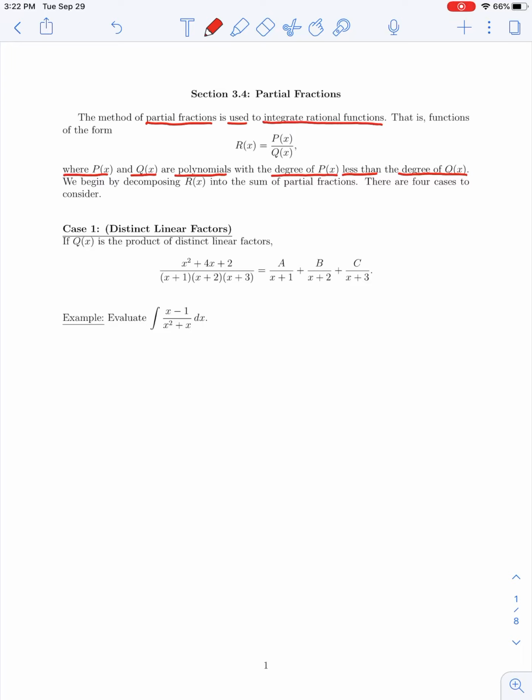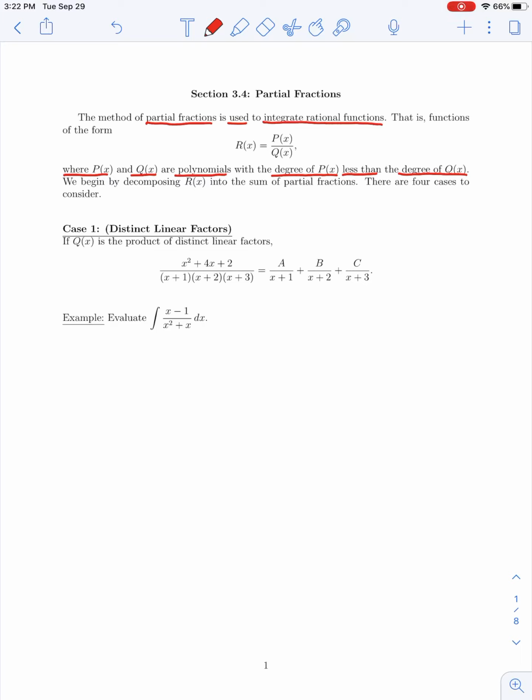At the end of this section we'll consider some examples of rational functions where the degree of the numerator is greater than or equal to the denominator and see how to handle that. But to start, we'll consider the case where the degree of the numerator is less than the denominator.